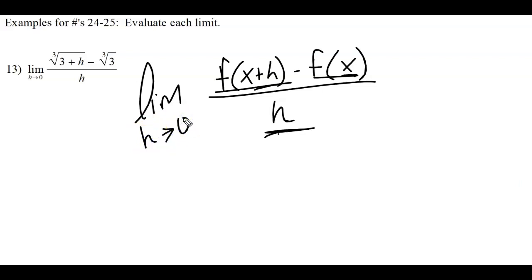Okay, so the reason we're doing that is because right now this is like y2 and y1, and those are two different y values because I'm plugging in two different x values. But if I let h go to 0, then these become the same x value and therefore the same y value.